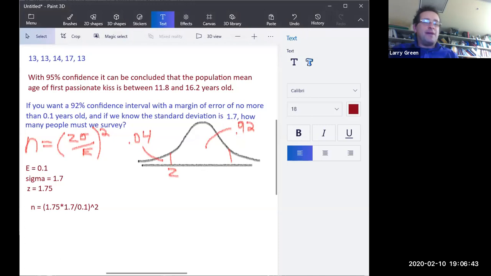So I'm just going to do that on Google, and I'll let you do it too. Nothing fancy about this. You got to remember your parentheses. 1.75 times 1.7 divided by 0.1, and the parentheses, and square it. And it gives me 885.0625. Let's write that down.